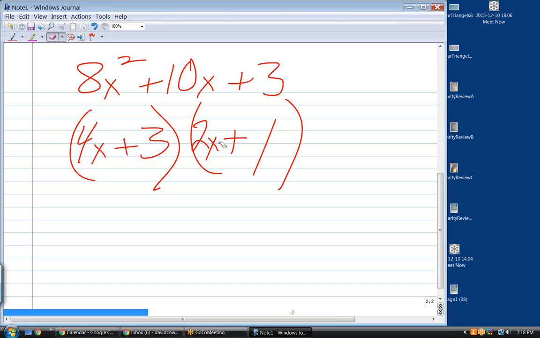Okay. I can't say factors of 3 that add to 10. I could say that if it was that way, but not when there's a number there. It's definitely a degree of difficulty harder when there's a number other than 1 in front of the x squared. If there's just a 1 in front of the x squared, it's either a 3 or a 4-step process, same all the time.